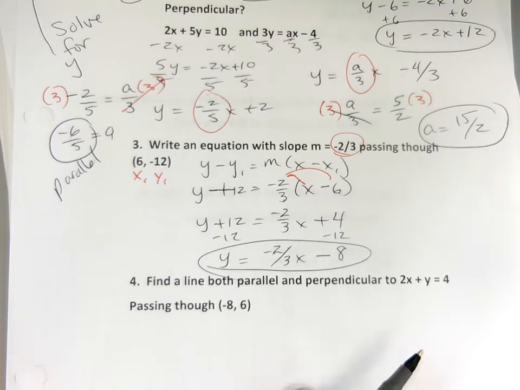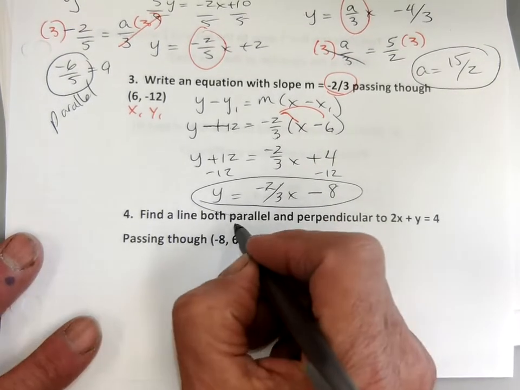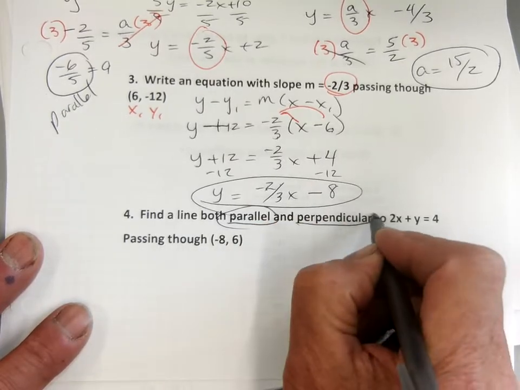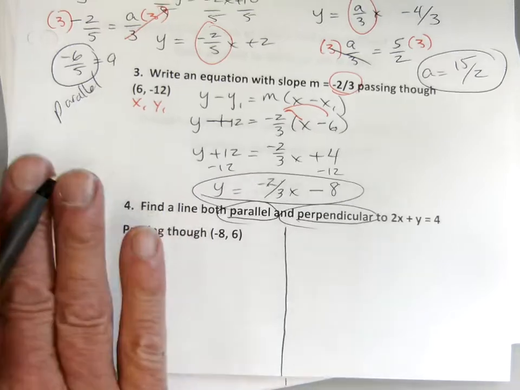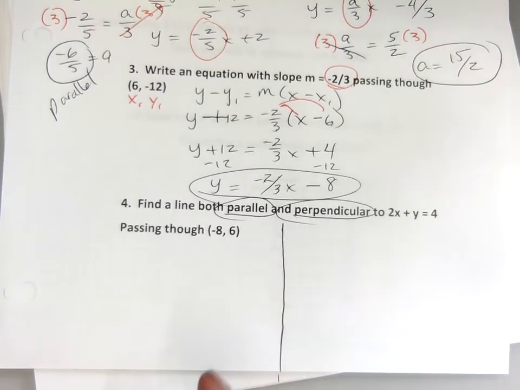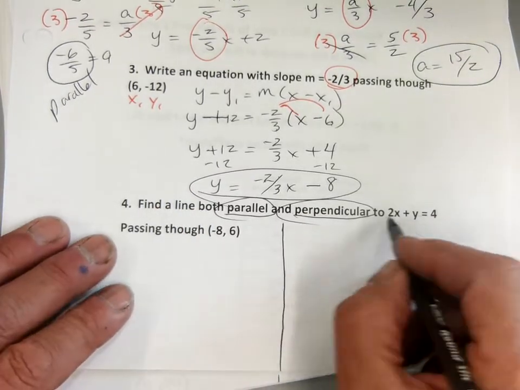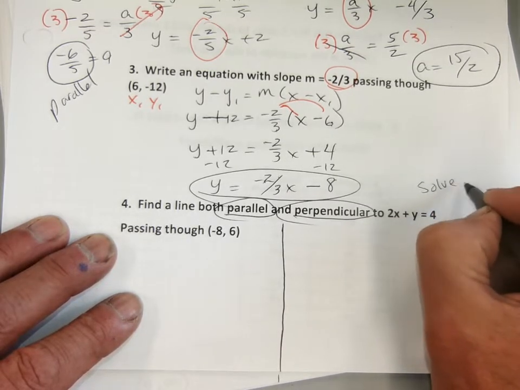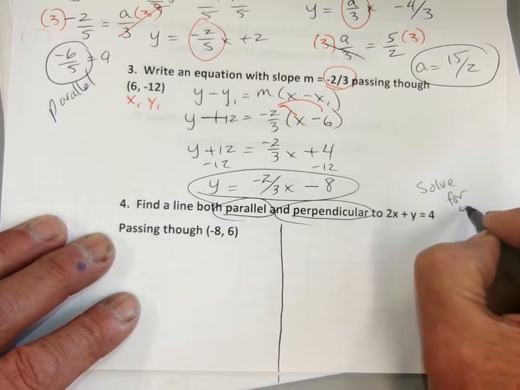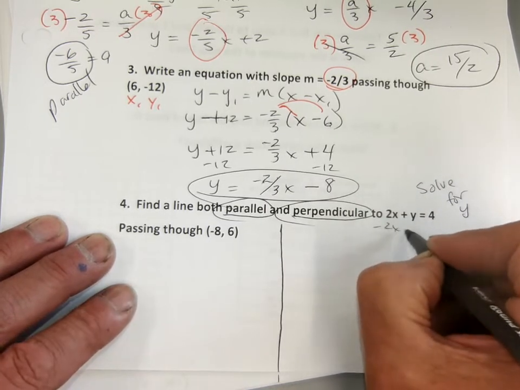Okay, number 4. It's 2 questions, and we're going to do 2 different parts, parallel and perpendicular. So it's 2 different questions. I'll just draw my line straight down. So I'll do parallel over here, and perpendicular over here. First thing though, I better do is solve for y, because I need my slope. Minus 2x, right?